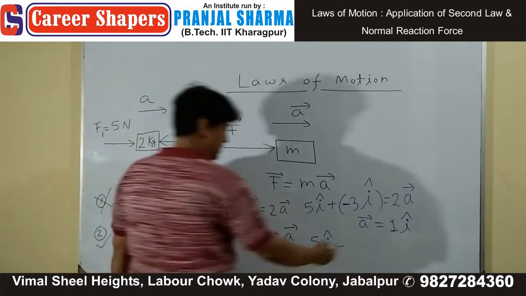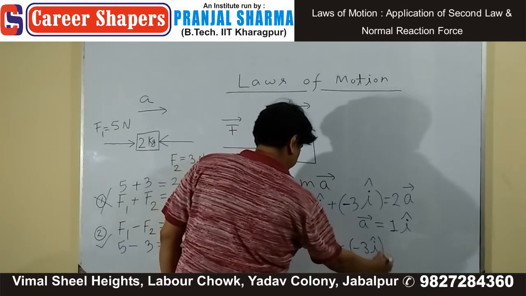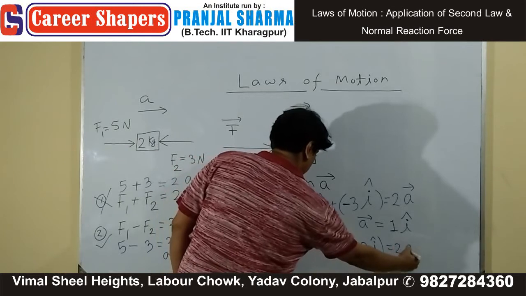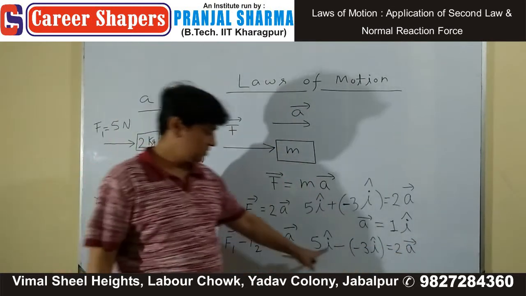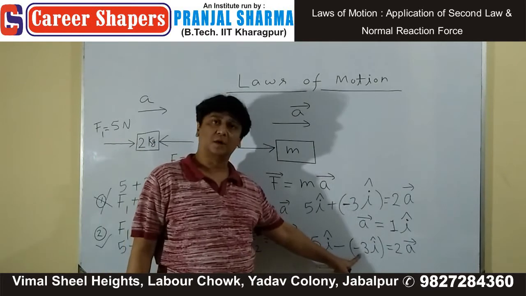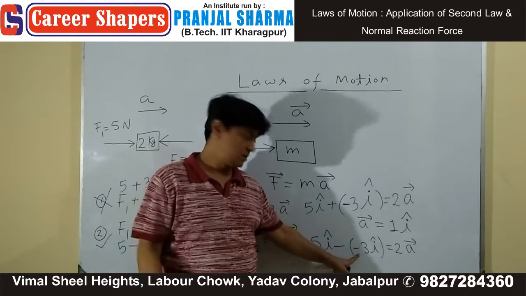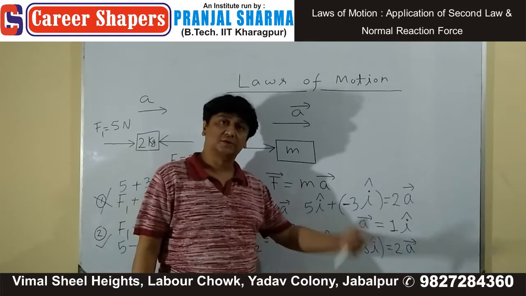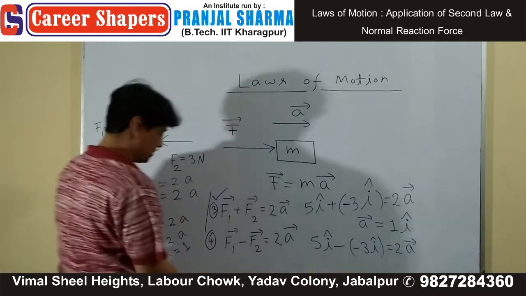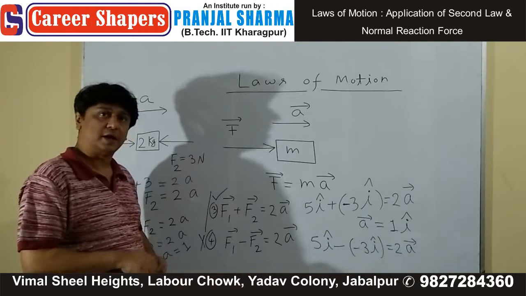Pointing left, and therefore is minus of 3i cap. 2a, and you can see that this minus will become what? Plus, giving us magnitude 8. 5 plus 8. But you know acceleration is not 8, and therefore fourth option is not correct.